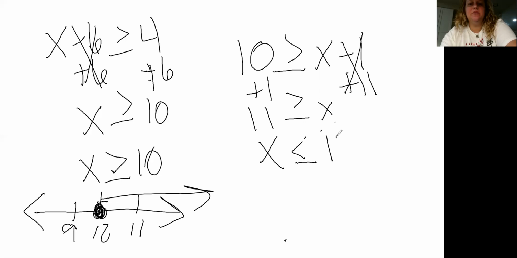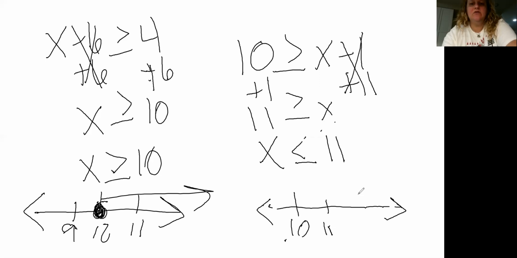So since I'm flipping the location of the 11 and the x to x and 11, I also have to flip the sign to go the other direction, so that the pointed end stays by the x, and the open side by 11. Once I do that, now I can use the direction to help me know which way my arrow goes. Closed circle because it includes 11. That direction.